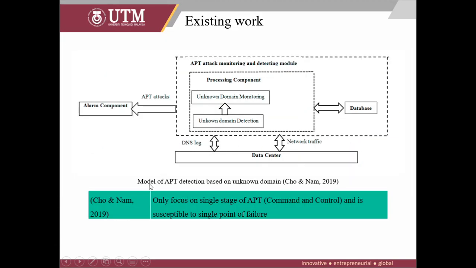What this researcher does is focus on only one stage of APT, which is command and control, where they visit unknown domains. So this solution is susceptible to a single point of failure: if they fail to detect the unknown domain, the rest of the stages of APT will remain unknown to them.